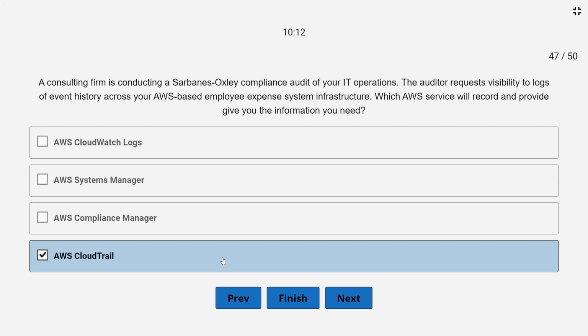CloudWatch logs, what you said? Event history. The auditor requires visibility. It's CloudTrail. CloudTrail records the activity. So let's go for it. The auditor selected CloudTrail.